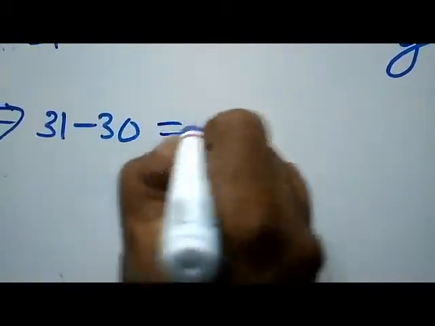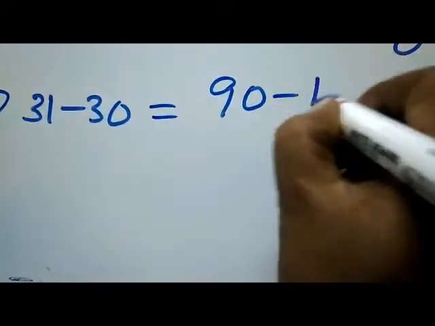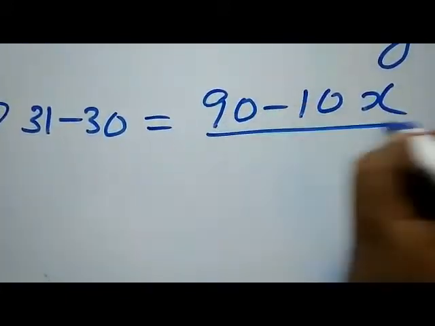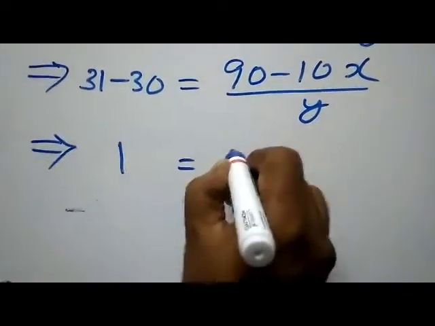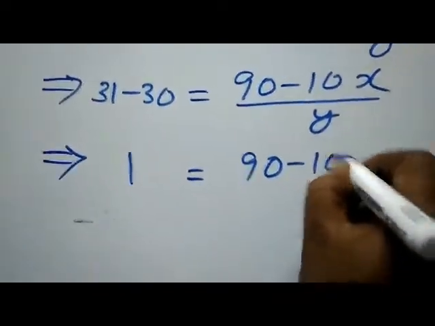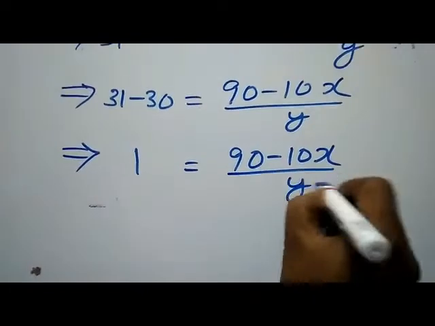This plus 30 will be transposed from RHS to LHS, it will be minus 30. That implies 1 is equal to 90 minus 10x by y.